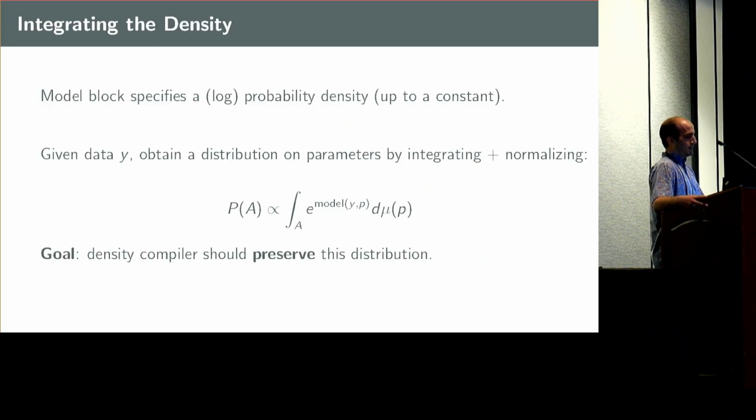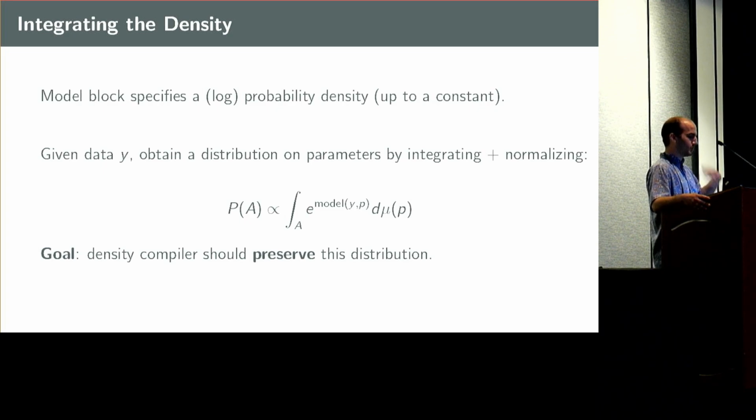So then on top of that description of how to compute probability densities, our denotational semantics defines a probability distribution representing the posterior on parameters. And it turns out that the density only specifies things up to normalization by a constant. So we say that the obtained probability distribution P here will assign a probability to some subset of parameters A in proportion to the integral of exponentiating what the model block would calculate.